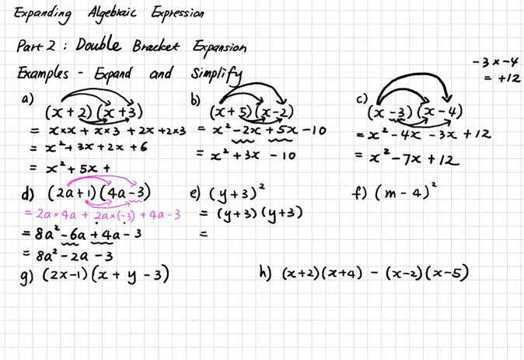So we're going to use the same method here. So y times y is y squared. y times 3 is positive 3y. Now we're going to look at the 3 in the first bracket. So 3 times y is 3y, and 3 times 3 is 9. So collect the like terms again in the middle. So that will give us y squared plus 6y plus 9.